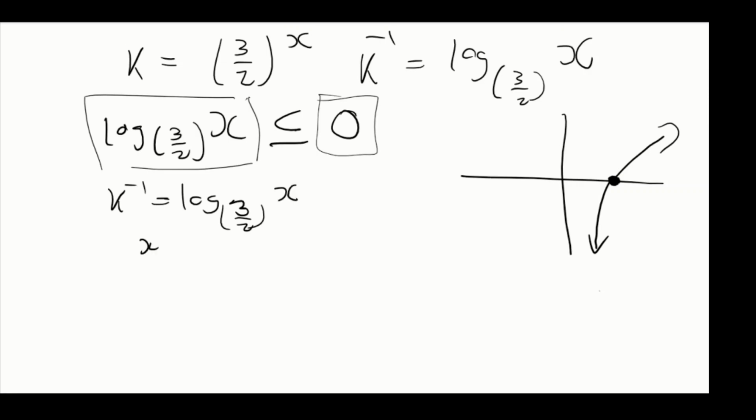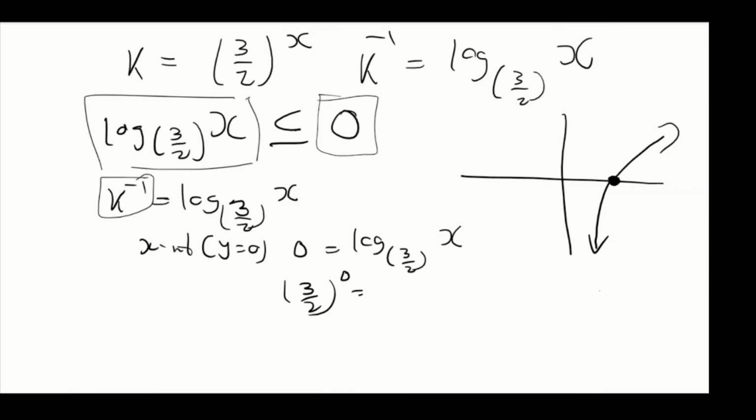If we say x-intercept when y is equal to 0, we equate it to 0, so 0 is equal to log of base 3 over 2 of x. Then you say 3 over 2 to the power of 0 is equal to x. Therefore x is equal to 1. So our x-intercept is 1 and 0. So this point here is 1 and 0.